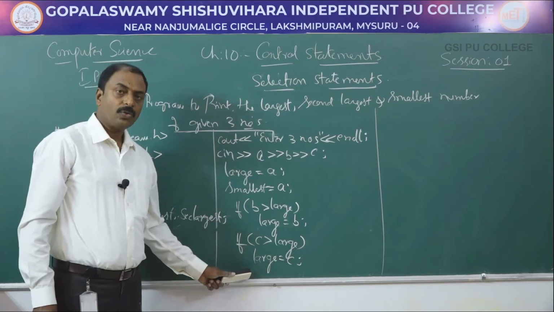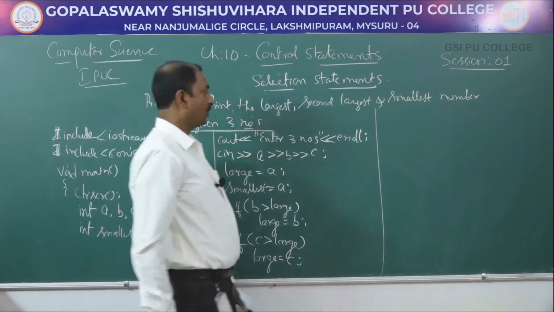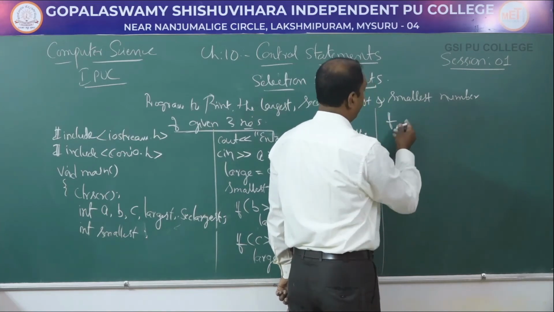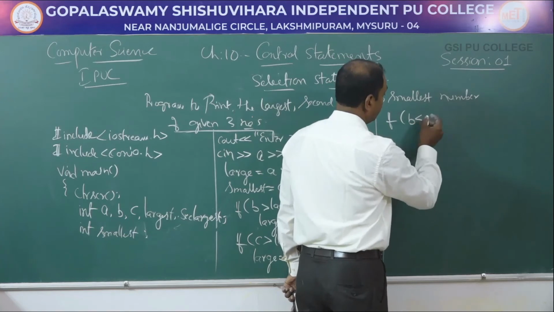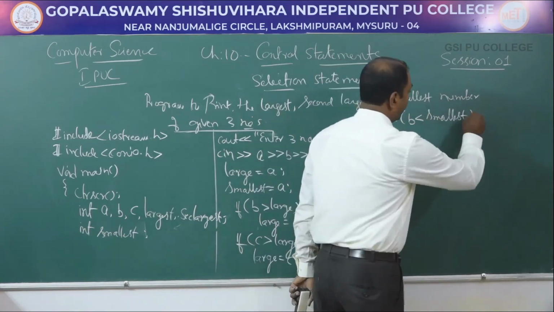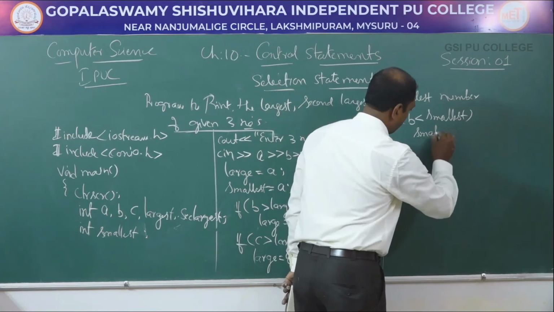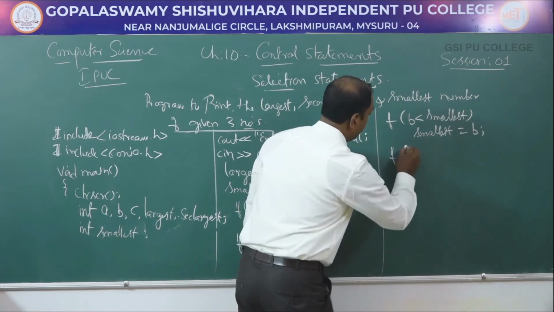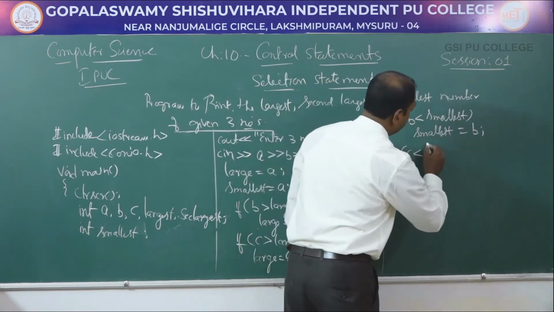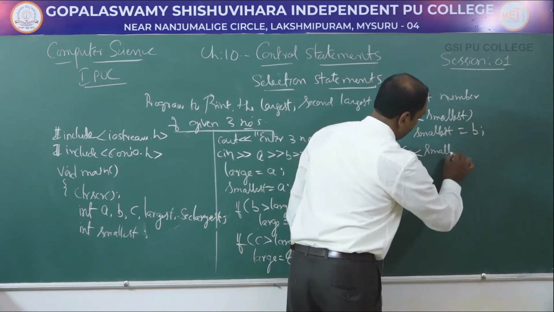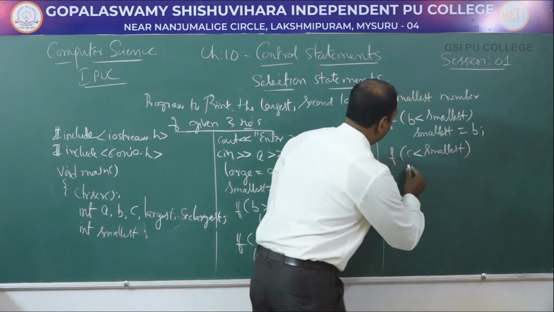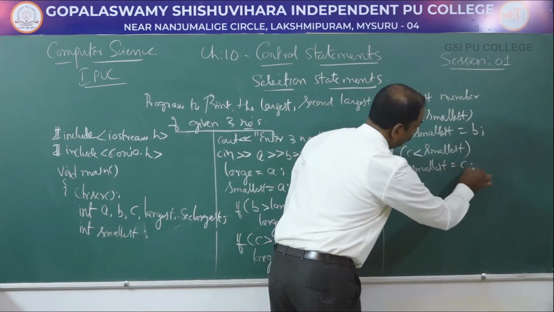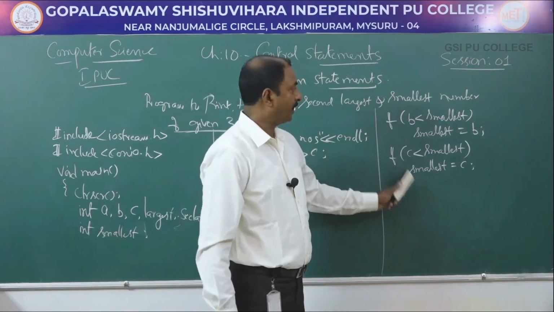So similarly we have to find the smallest of three. After this, we'll compare: if B is less than smallest, then smallest equals B. Similarly, if C is less than smallest, then smallest equals C. So this is the logic we are using in this program.